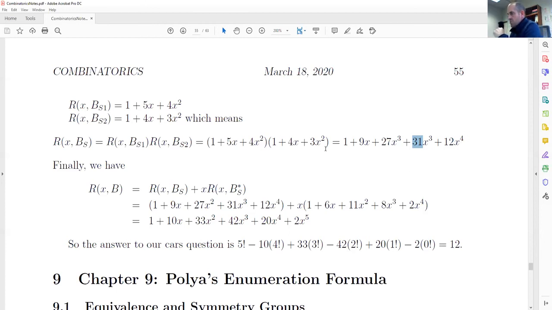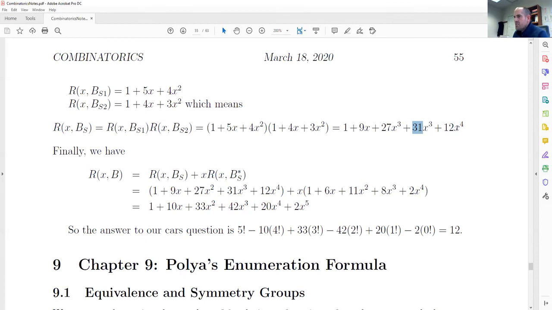Well, it's 3 times 4, which is 12. All right, so we have that. And we have the one from up here, R(x, B_S star), okay? And down here, I actually have the correct power on this. Okay, so that's good.